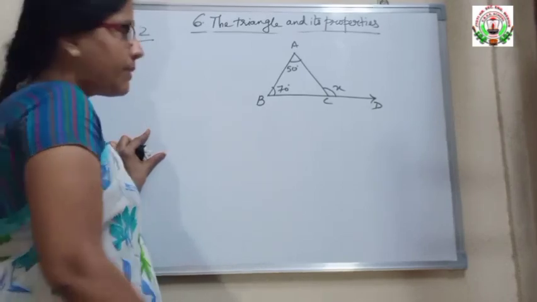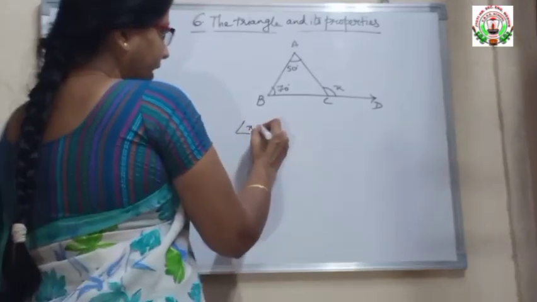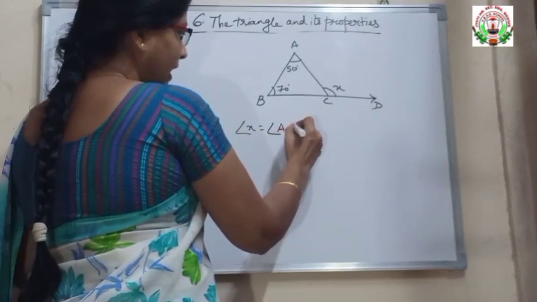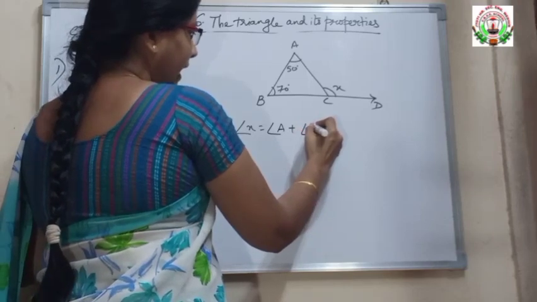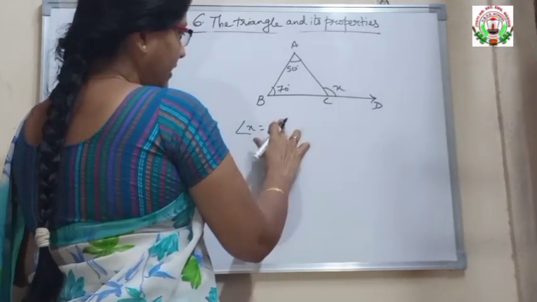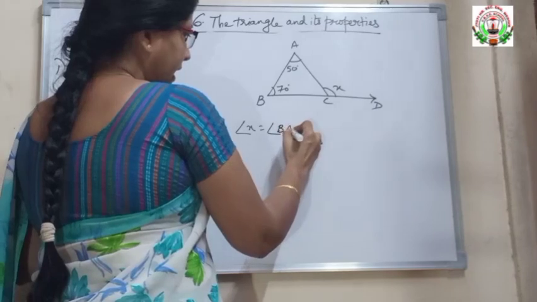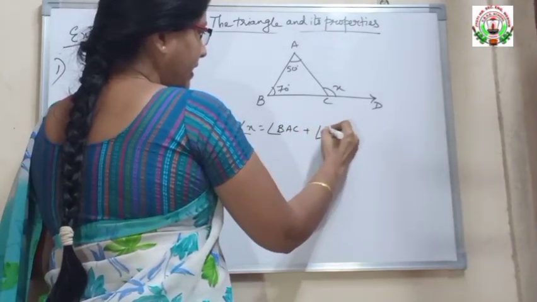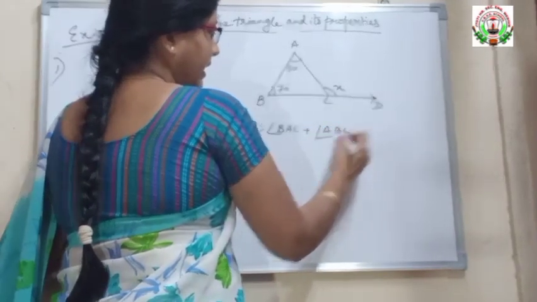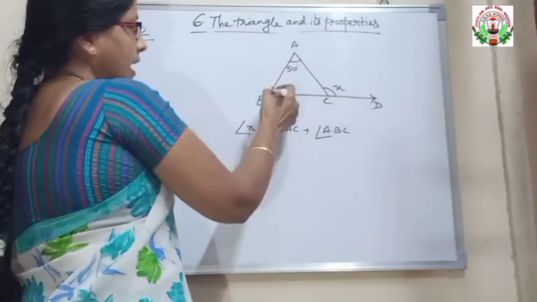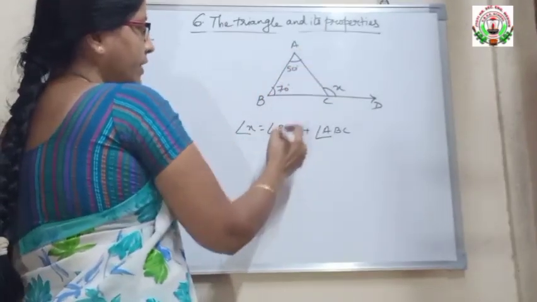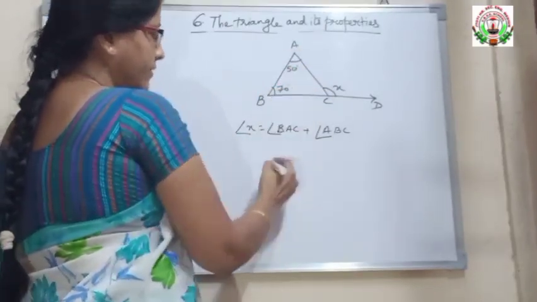According to exterior angle property, you know that angle x is equal to angle BAC plus angle ABC. I am writing it like this because angle BAC is 50 degrees, angle ABC is 70 degrees.